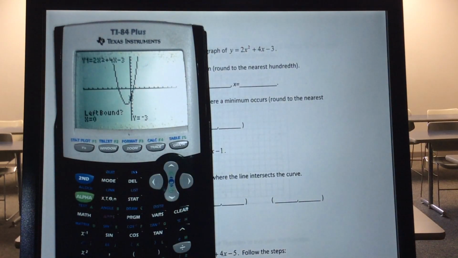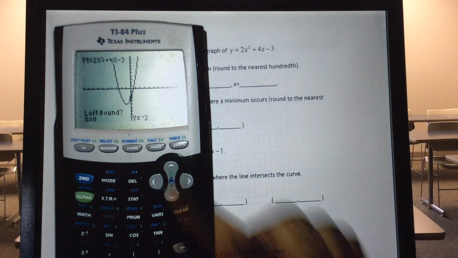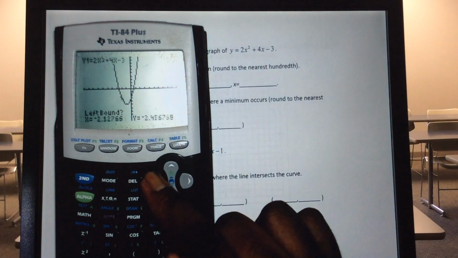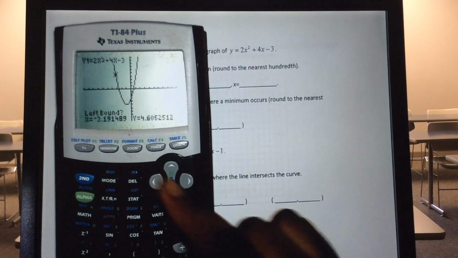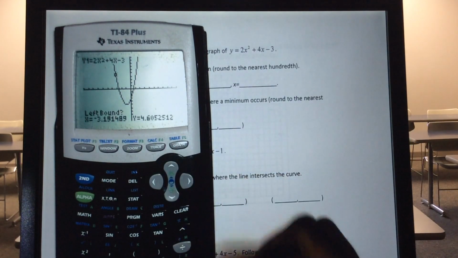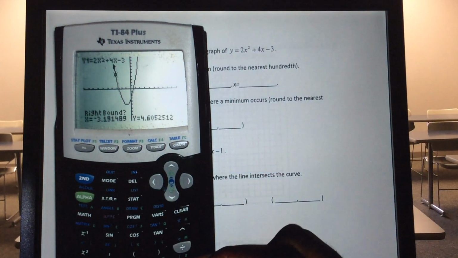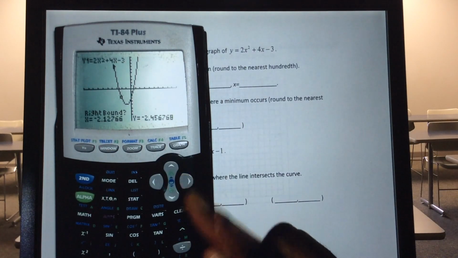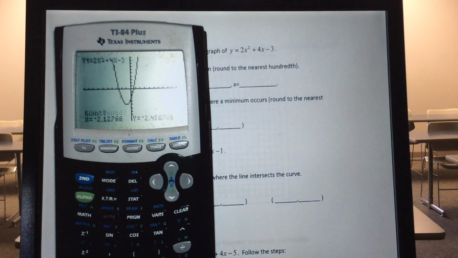Now, you're going to get something that says left bound. In this case, you want to use your left arrow key and place the blinking cursor above that first x-intercept. Somewhere above the first x-intercept is where that blinking cursor needs to be. And then you're going to press enter. And then for right bound, you're going to use your right arrow key to put the blinking cursor below that first x-intercept, and then press enter.